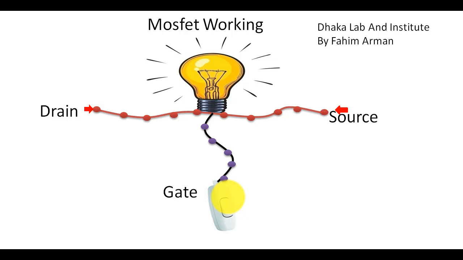This is the normal system, and this is also for a MOSFET. If you want to control the voltage, you can use a MOSFET, and the gate is used for switching.